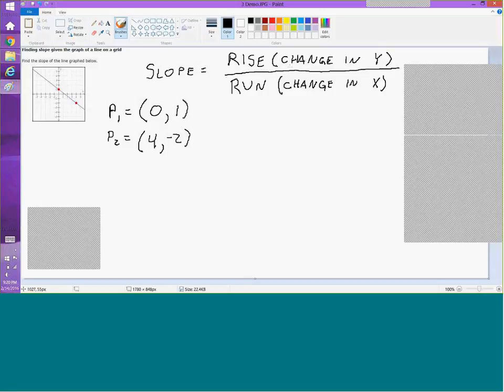Slope is our change in y over change in x. For the change in y, you do some subtraction: you take your final point minus the initial point, y2 minus y1, over x2 minus x1.